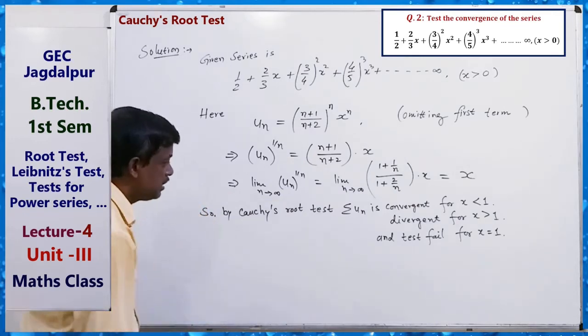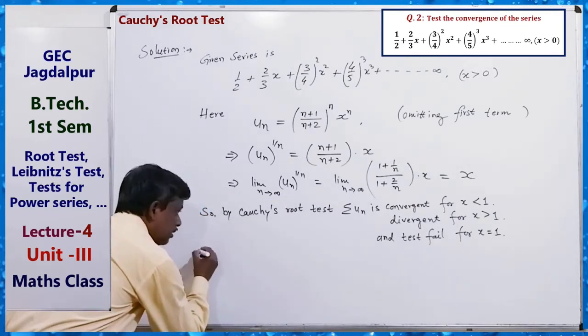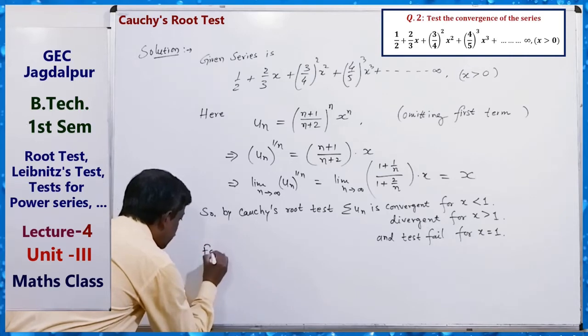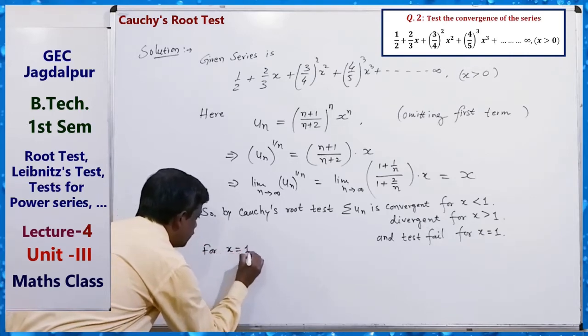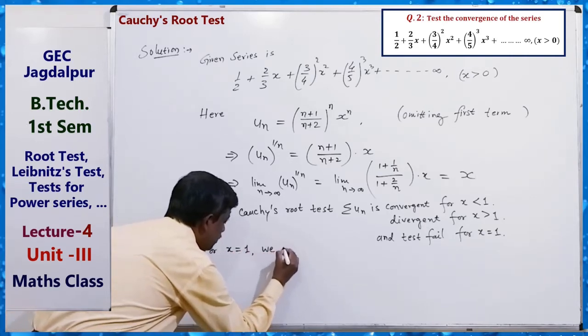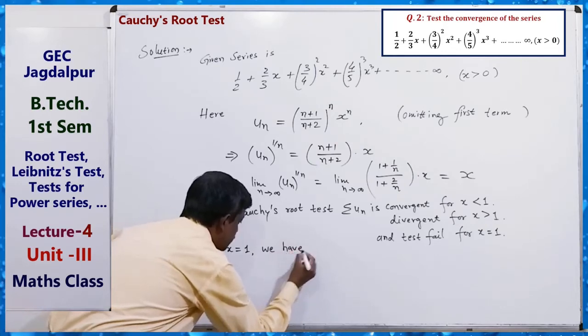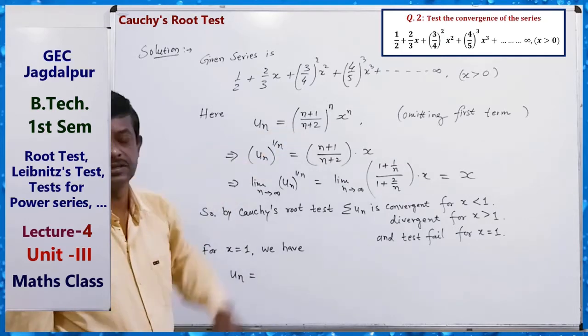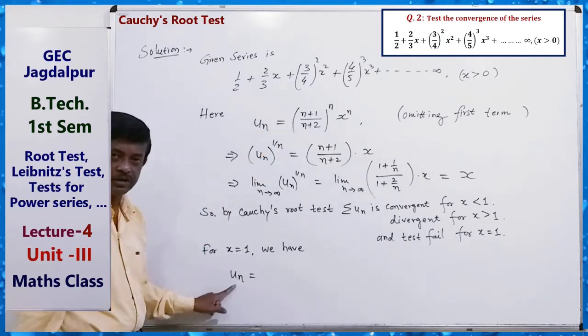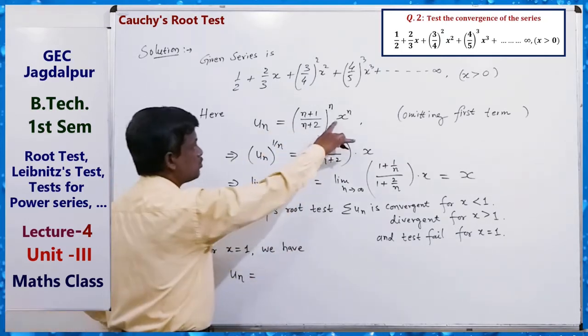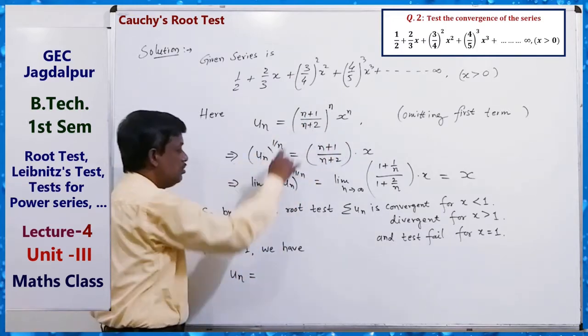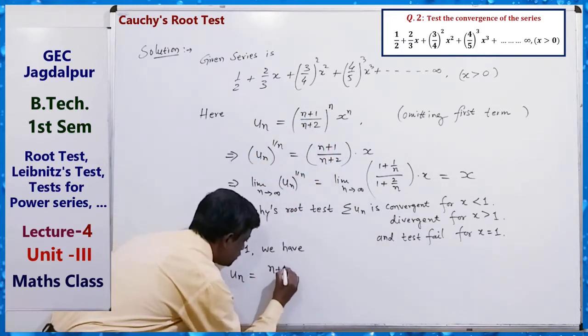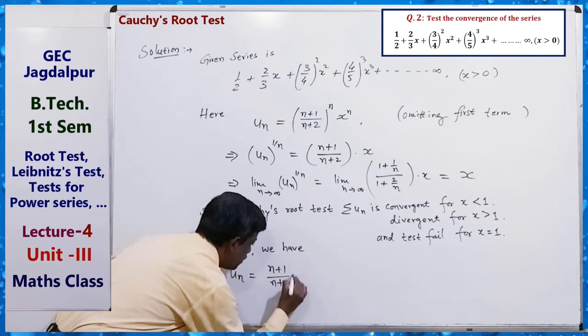Okay, so here for x equals 1, we have un. What is un? un is this. For x equals 1, here x equals 1, so its value will be (n plus 1 upon n plus 2) power n.